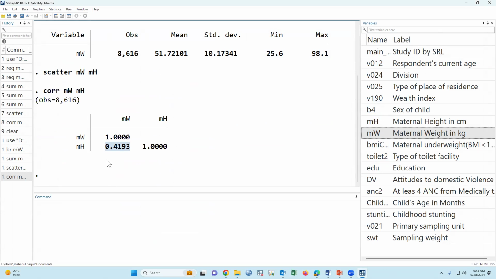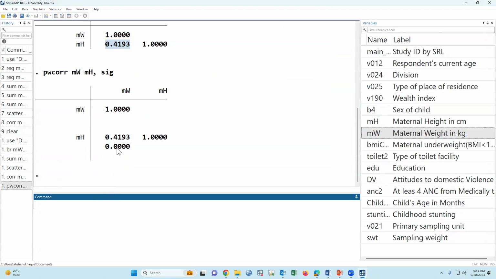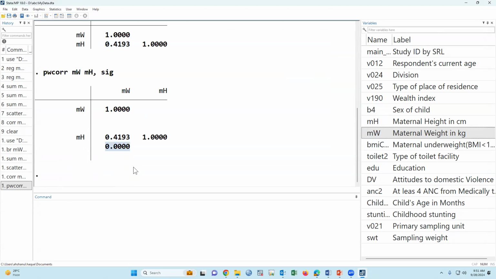But whether this is significant or not, we just have to type pwcorr and see the p-value, and it is clear that the p-value is highly significant. So obviously we can use regression analysis.